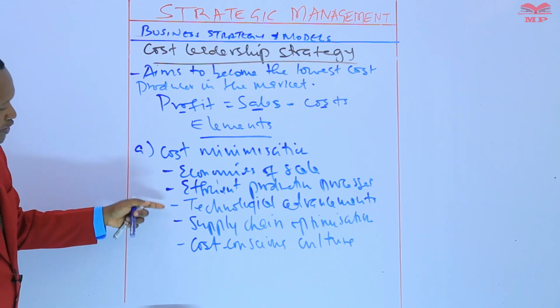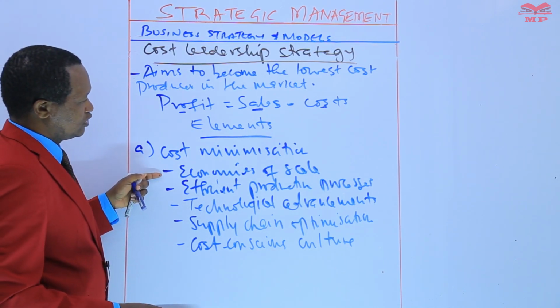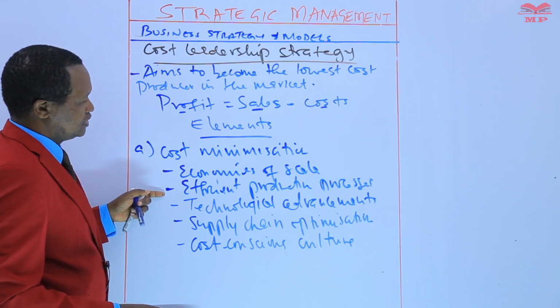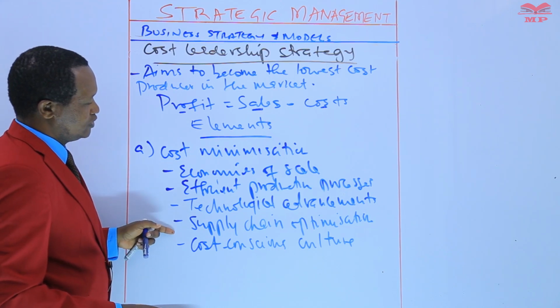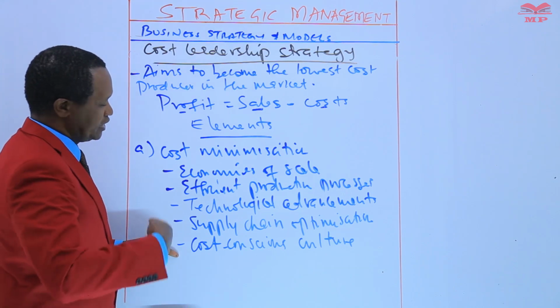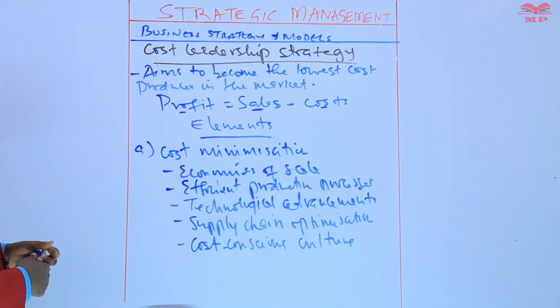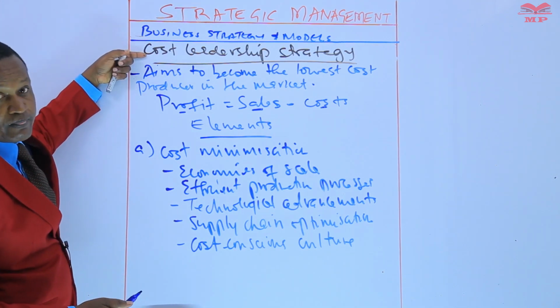So these are 5 ways to achieve cost minimization: 1, economies of scale; 2, efficient production processes; 3, technological advancements; 4, supply chain optimization; and 5, fostering a cost conscious culture. That's the first element of cost leadership strategy.